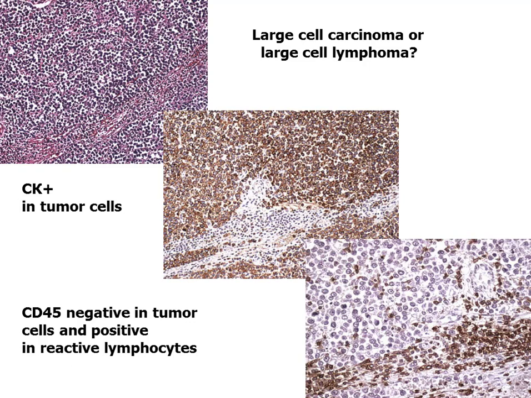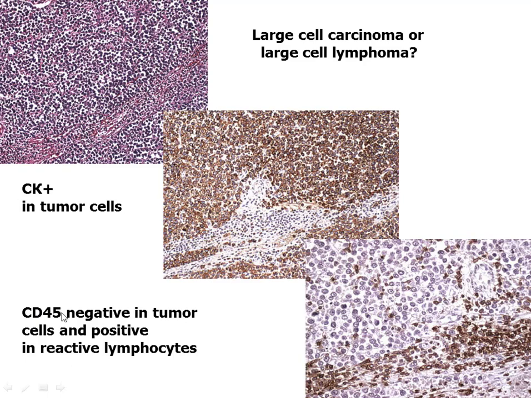So we must differentiate whether this tumor is large cell carcinoma or large cell lymphoma because the treatment will be different. Large cell carcinoma is a malignant tumor from the epithelium, and epithelial cells have a positive reaction with cytokeratins. In this staining, we use pan-cytokeratin, and it has a positive reaction, brown color staining, in the tumor cells.